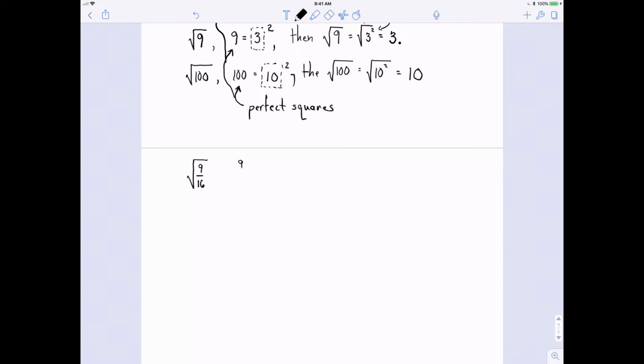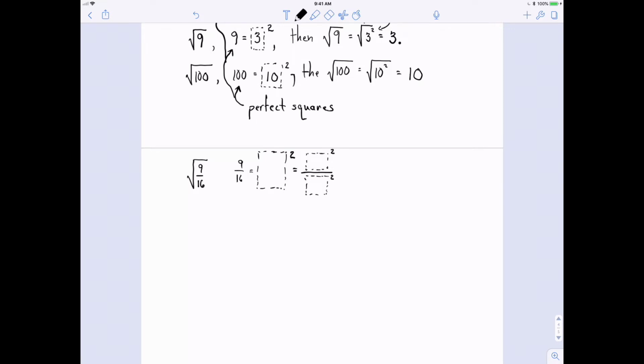If I have the number 9/16, can I write it as some fraction squared? And remember, you could think of it this way, or you could think about it, we saw this in our previous video, as something squared over another number squared. You can think about it either way. So if you can write it like either of these forms, then you've got it.